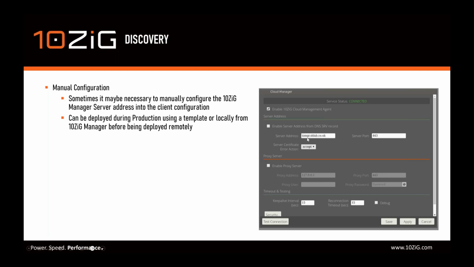Alternatively, you could isolate clients on a network and have the templates pushed out to the devices with this setting configured before they are then deployed remotely to be used. So they're the two main options for a manual configuration.